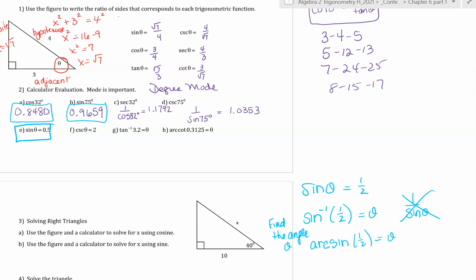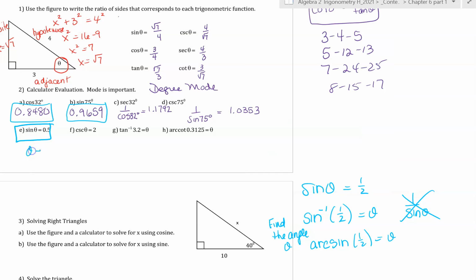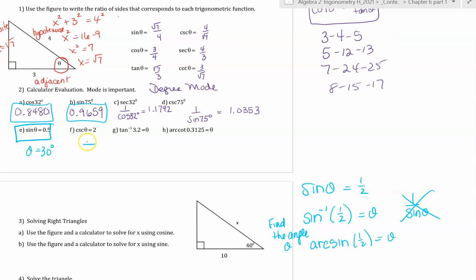So we're going to grab our calculator right now, and we're going to find an angle. To find an angle, you need the inverse button. So second sine, notice how inverse sine is above the sine button. Then you type in inverse sine of 1/2, and it's going to tell you the corresponding angle. That would be 30 degrees, since we're in degree mode. So if it's cosecant, again, I don't have a cosecant button.